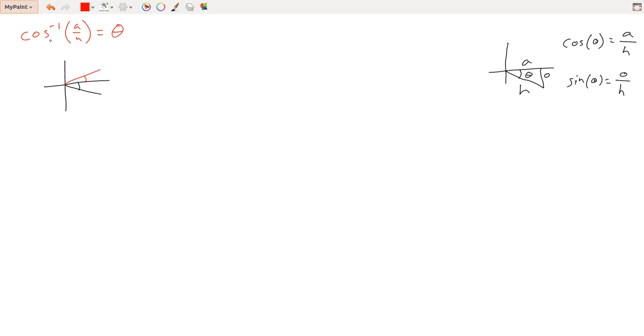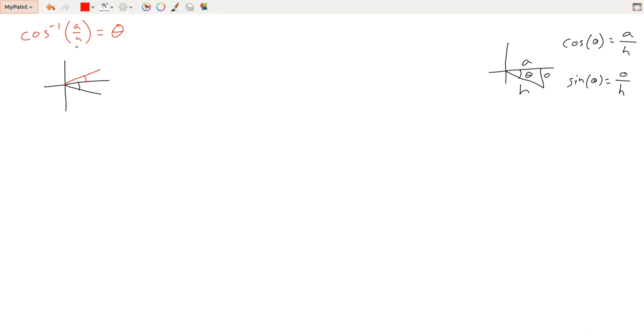Either of these two angles would give you the same value for cosine of theta. They're not quite drawn to scale.